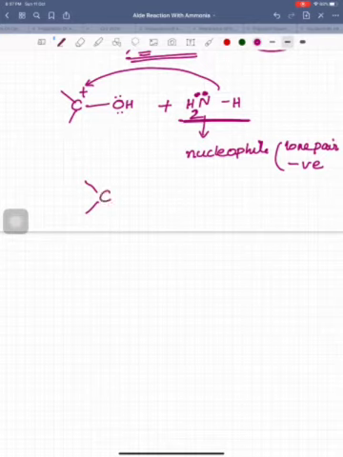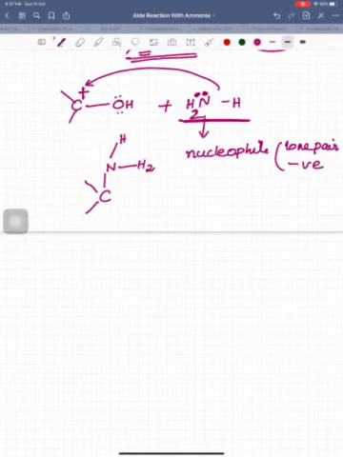So what's the resulting product? You can see that NH2H2. Then what happens? This carbon receives, so automatically the carbon's positive charge is neutralized. But what about the nitrogen? Nitrogen's lone pair of electrons is used for making this bond.